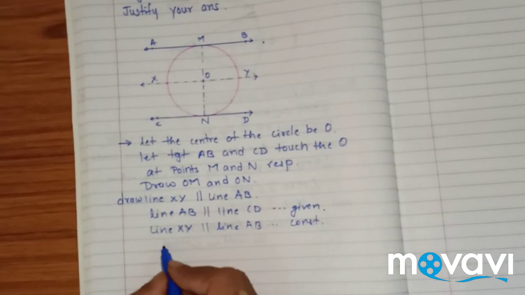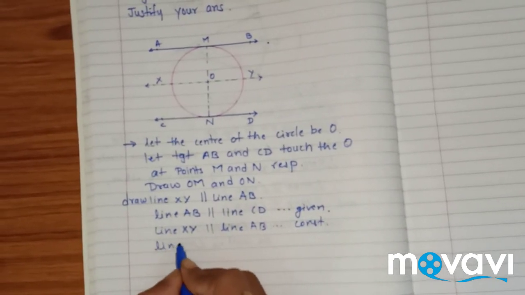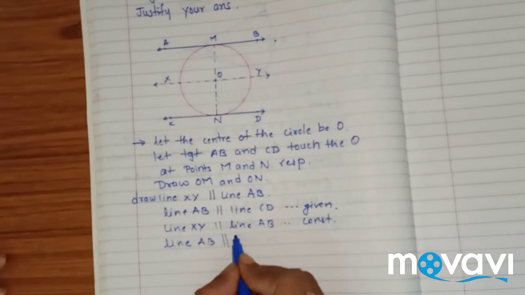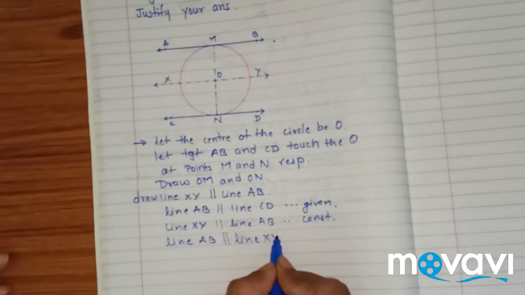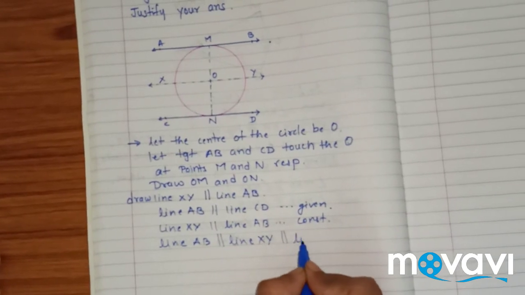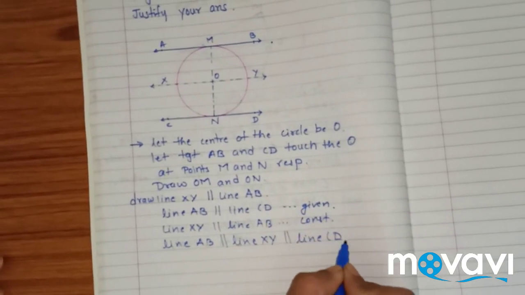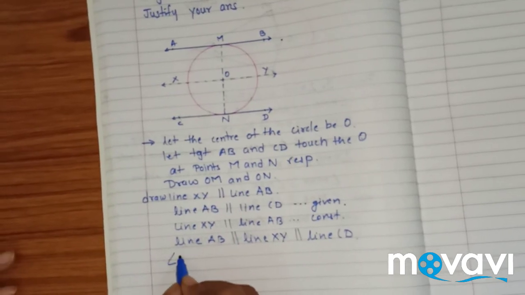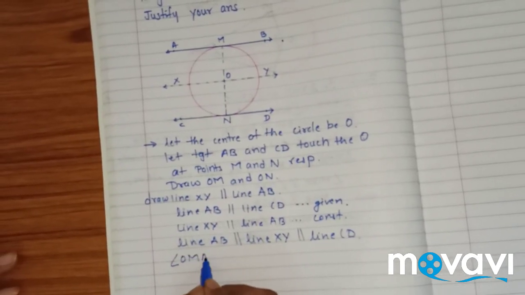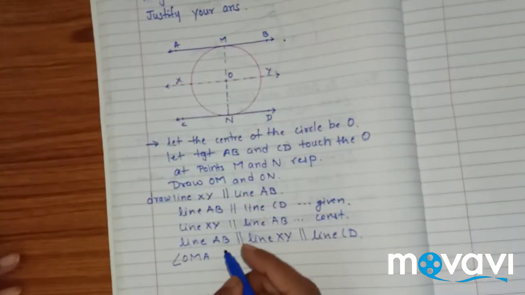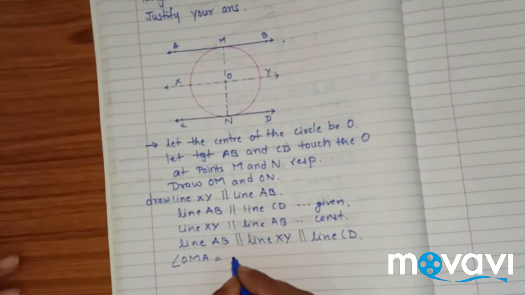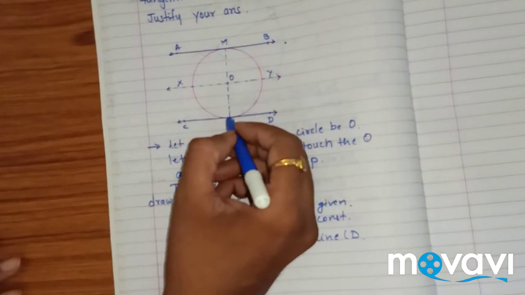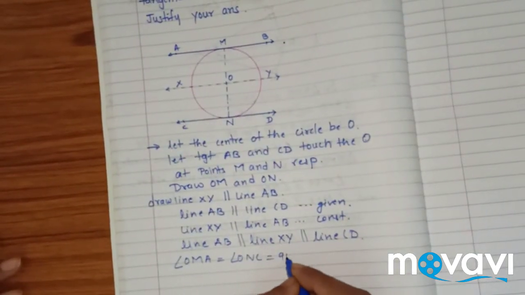So I can directly write that line AB is parallel to line XY is parallel to line CD. Now angle OMA and angle ONC both measure 90 degree.